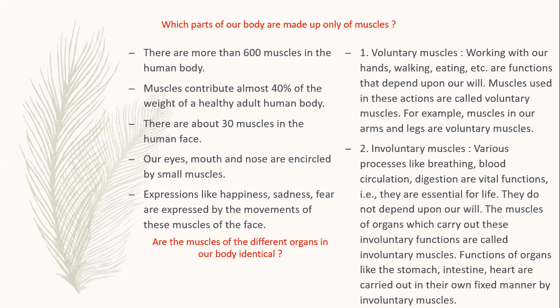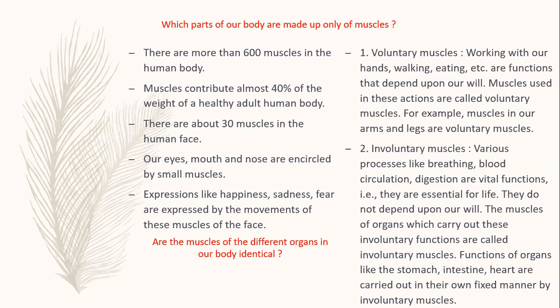So voluntary muscles are those muscles which work when you want them to work. Let's say when I'm telling you to write something down and you're writing it, that means you are telling your hand that you have to write now. When you are hungry and you want to eat something, what do you do?